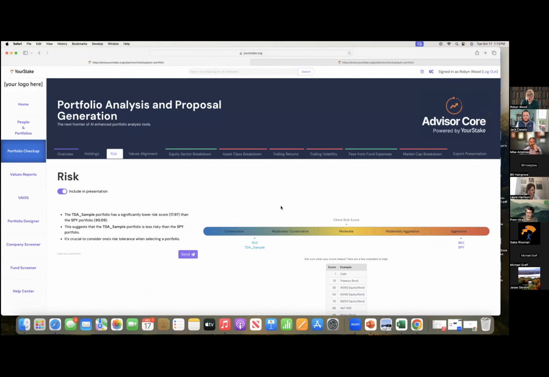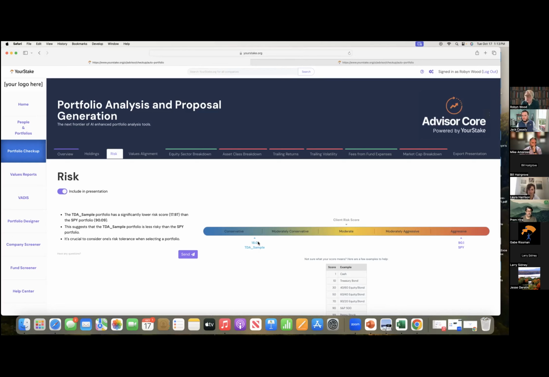Risk. So we're looking at, if you noticed, this statement had some stocks in there, some fixed income, also had mutual funds, ETFs. So we're looking at all of the underlying holdings to determine what that risk looks like. And what I've uploaded is quite conservative from that large cash position.